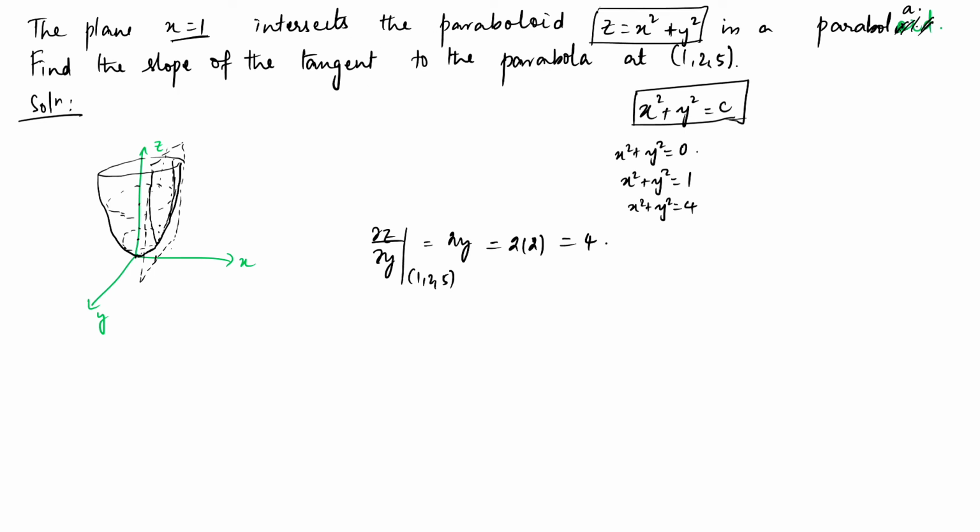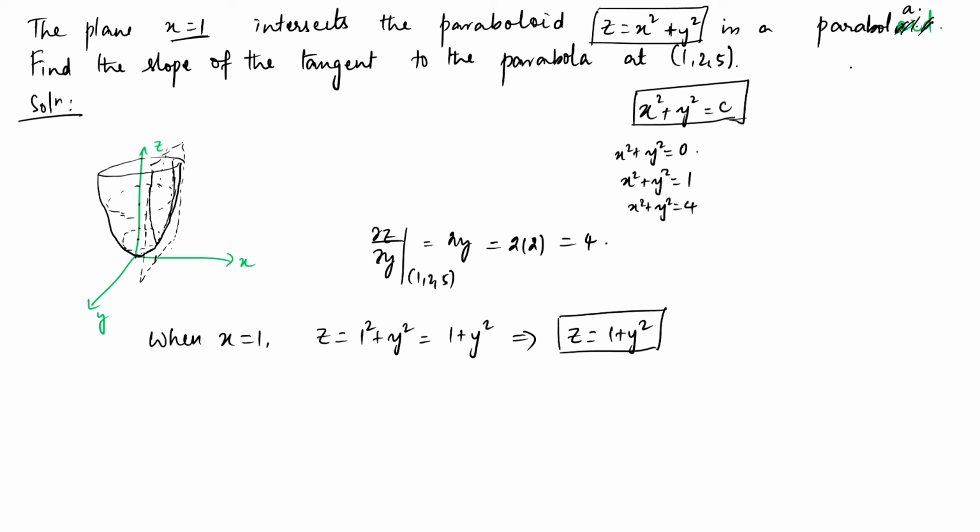Along this entire plane your x value is 1. So when your x value is 1, your z becomes what? 1 squared plus y squared, which is 1 plus y squared. So z is equal to 1 plus y squared. Now you have a parabola. This is the equation of the parabola they are talking about.